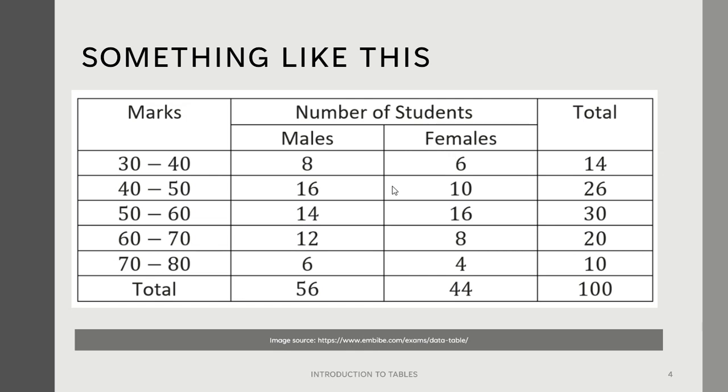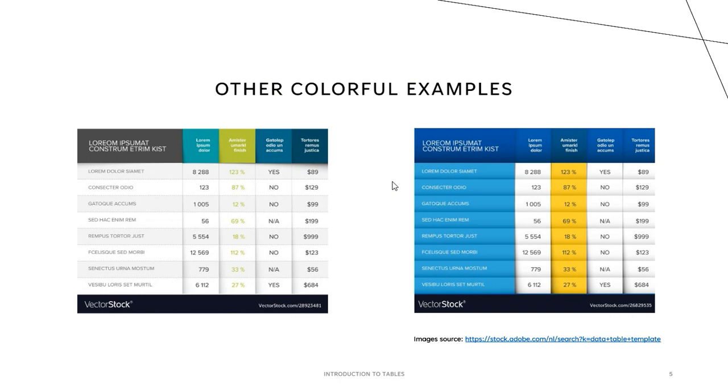And you notice the data on it is presented in columns and rows. Here are other examples of tables. These ones are more colorful. The styling is more advanced, but they are all still the same thing. You'll also notice that they all have rows and columns.